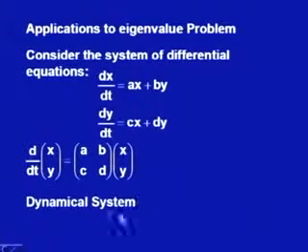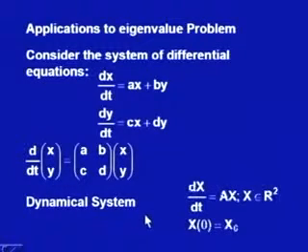We call this the dynamical system, and we write it as dx by dt is equal to Ax. I denote this matrix by A, and this column as x. So, this is nothing but dx by dt, and the whole system is dx by dt is equal to Ax. So, x is a column vector in R2 because the dimension of x is 2.